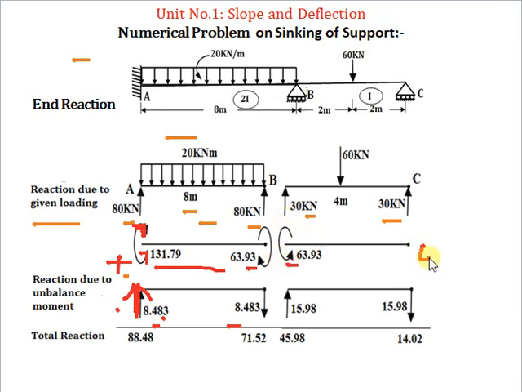At C end, it is simply supported so it is 0. So 63.93 divided by span 4, we will get 15.98. So locate below the maximum moment. The maximum moment is 63.93, so locate it below first the maximum moment. Now to decide the arrow, how to decide? This moment is in an anti-clockwise direction.